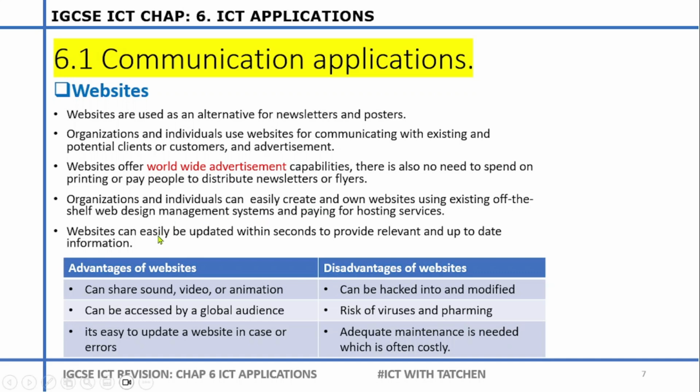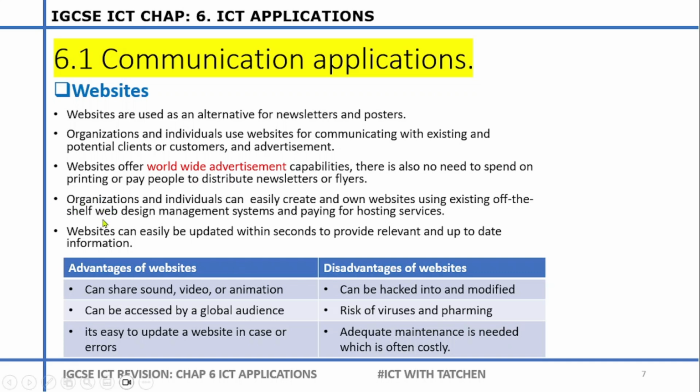One good thing about them is that organizations and individuals can easily create their own website using an existing off-the-shelf design management system. With that system, you just need to drag and drop things, type here and there, and within an hour, or a few minutes, you get a website depending on how sophisticated you want it to be.